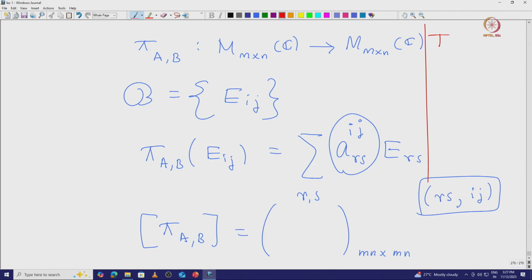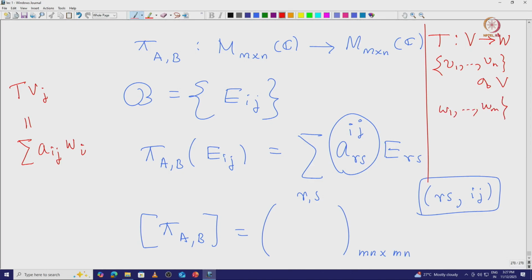If T is a linear map from V to W, and we fix the basis v_1, etcetera, v_n of V, then all we do is compute T(v_j), and write this as a summation of a_ij w_i, where w_1, etcetera, w_m is the basis of W. So, this is a basis and this is also a basis.